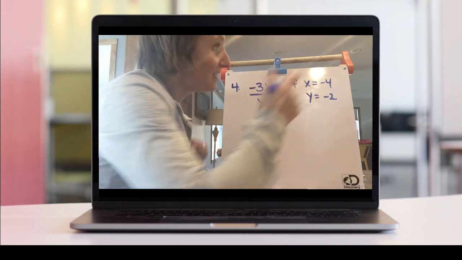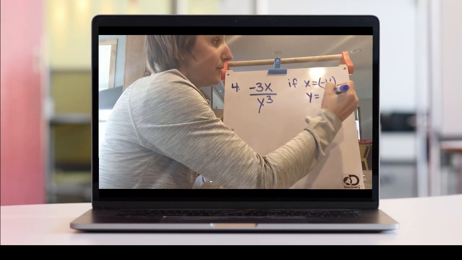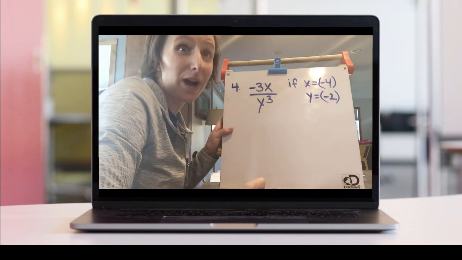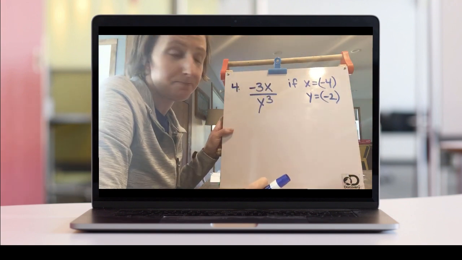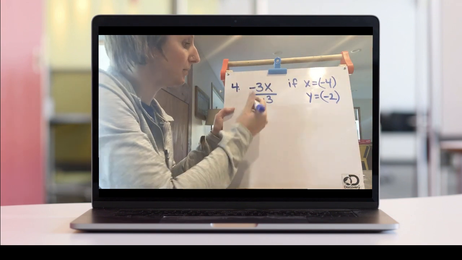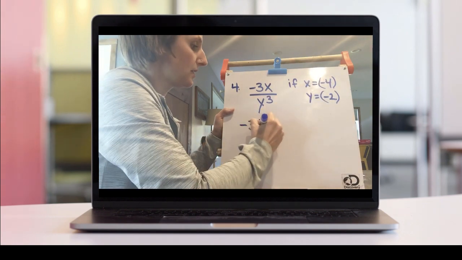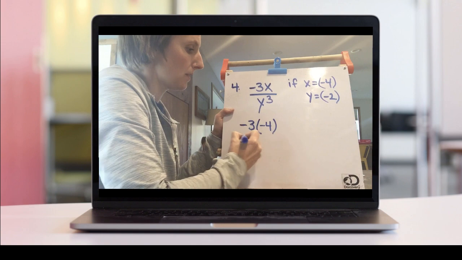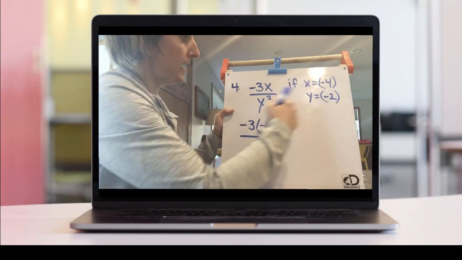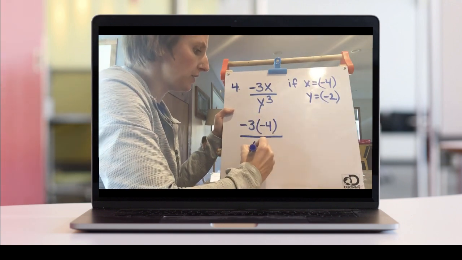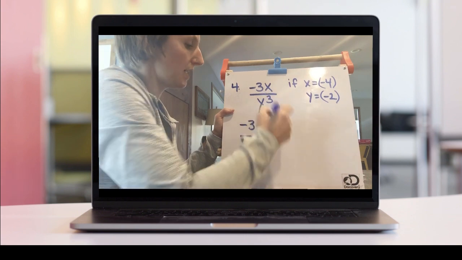They have a negative. I want to bring in my parentheses to help isolate that negative right away before I start substituting in. Now we are ready to plug in. So negative 3 times negative 4 over, I'm going to plug in for y using my parentheses, negative 2, and I'm going to cube that.